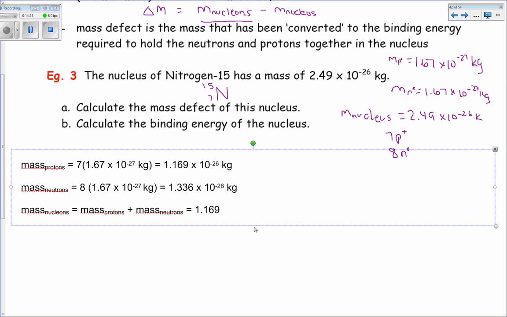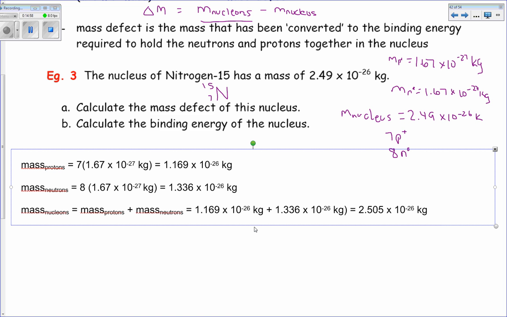So 1.169 times 10 to the negative 26 kilograms plus 1.336 times 10 to the negative 26 kilograms, and that will equal 2.505 times 10 to the negative 26 kilograms.